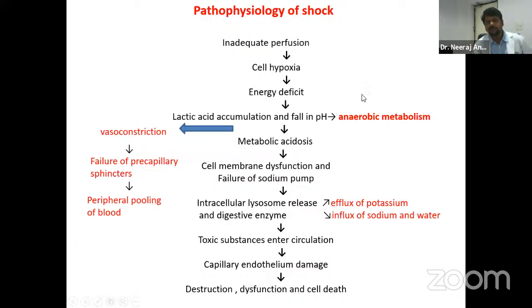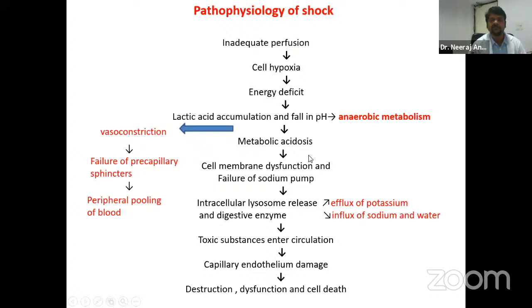Now coming on to the pathophysiology. Due to inadequate perfusion, the oxygen as well as nutrient supply to the cell is decreased, which ultimately leads to cell hypoxia. Due to cell hypoxia, there is a shift from efficient aerobic metabolism to less efficient anaerobic metabolism, which ultimately leads to energy deficit. In anaerobic metabolism, there is also lactate production, which leads to lactic acid accumulation and fall in pH, ultimately causing metabolic acidosis.